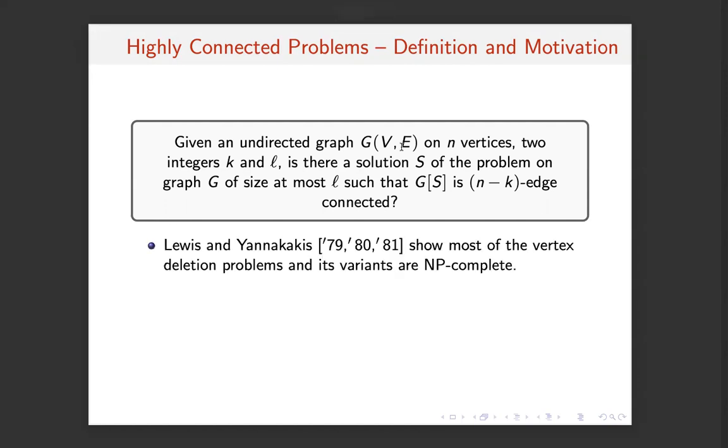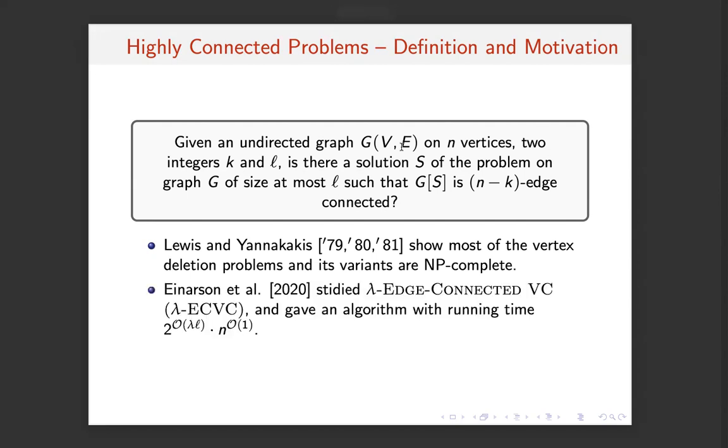Lewis and Yannakakis showed that most of the vertex deletion problems are NP complete. Not only that, some variants are also NP complete. Recently, Anderson studied lambda edge connected vertex cover and gave an algorithm with running time order of lambda l multiplied by n to the power order of 1.